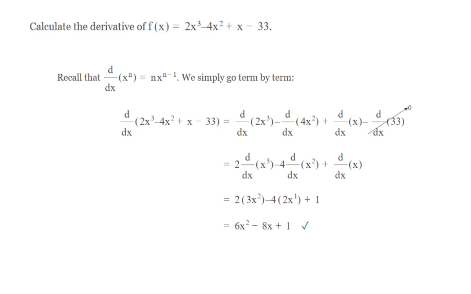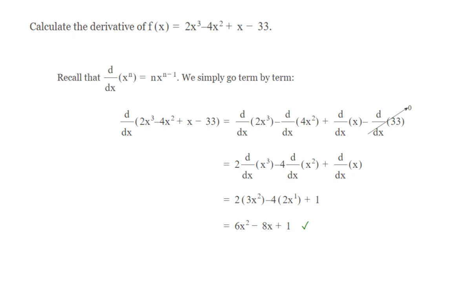Now look at this question. Calculate the derivative of f of x is equal to 2x cube minus 4x square plus x minus 33. Recall that derivative of x raised to n is given by nx raised to n minus 1. So in this question we simply go term by term. So that is, we differentiate the terms individually and add them.